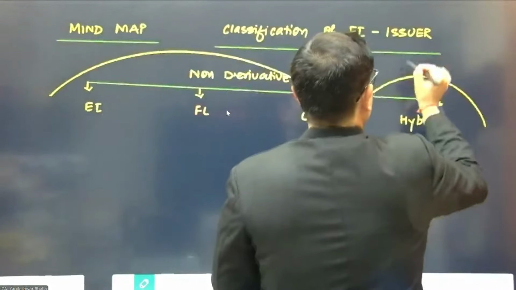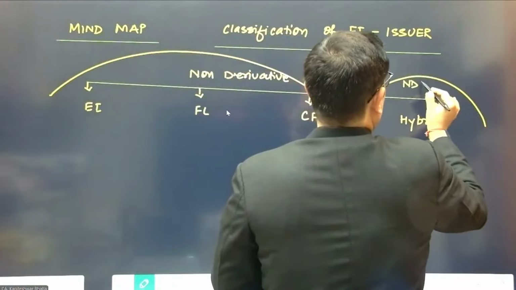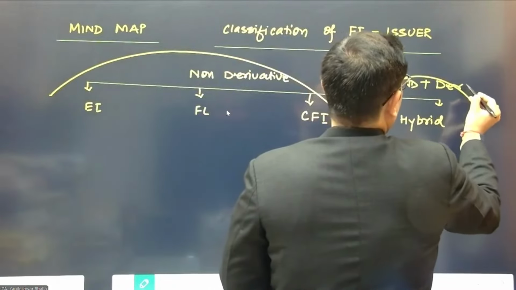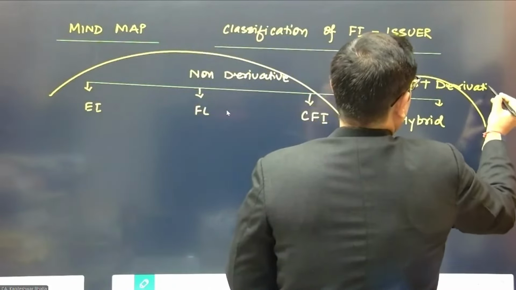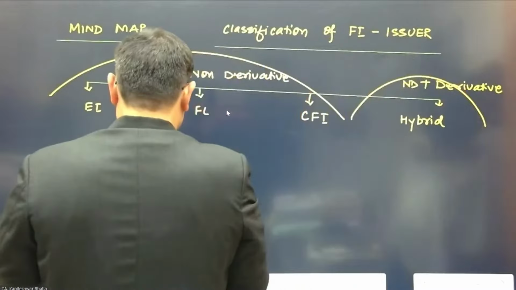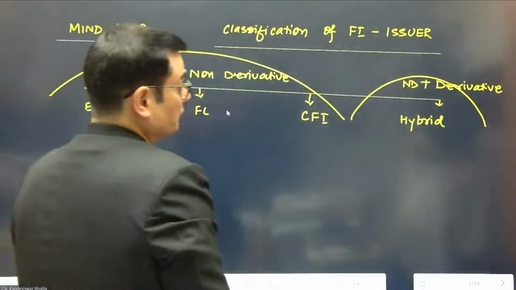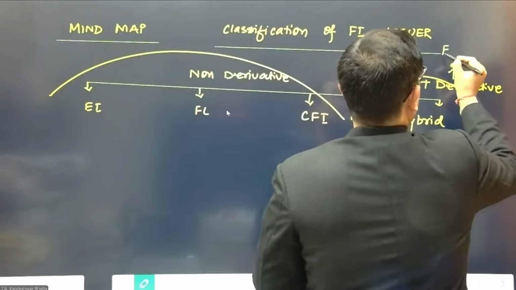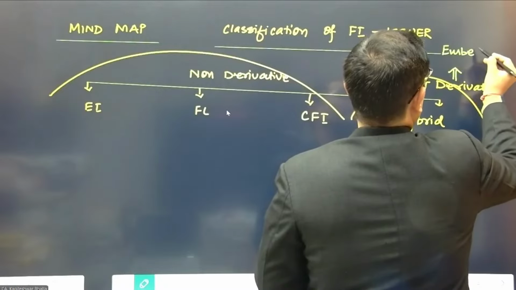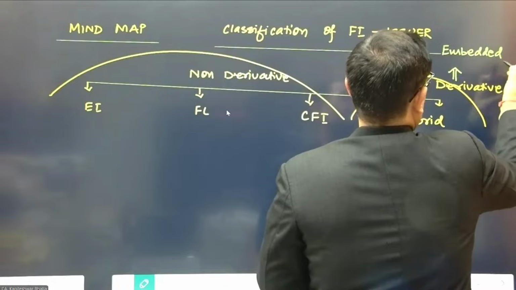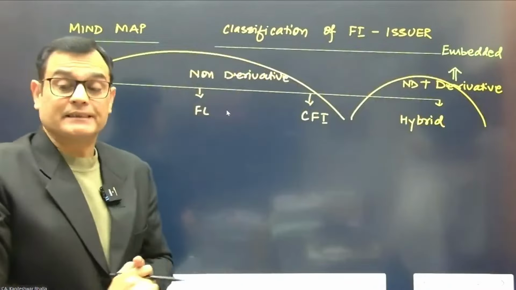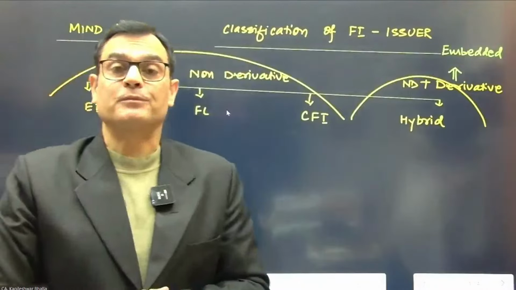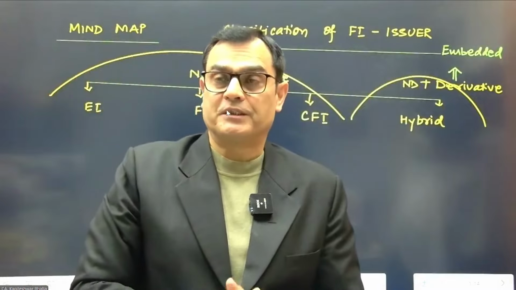And this becomes a case which is supposed to be a non-derivative, and there is a derivative which is embedded in the instrument. So I think it'll be more appropriate to use the word that this hybrid instrument is one where there is supposed to be an embedded derivative. So this is the broader category when you start looking at an instrument from the issuer perspective.